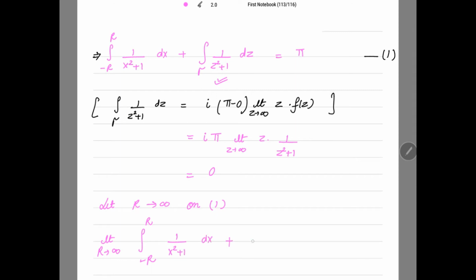This is 0, which is equal to pi, which implies, can I write it simply as minus infinity to plus infinity? So this is equal to pi, erasing this 0 also. This is pi, which is the required thing needed to prove, right? This we have to prove. It is now proved.